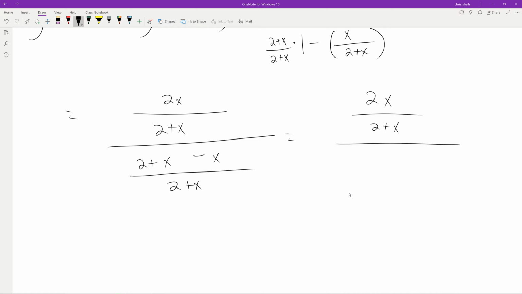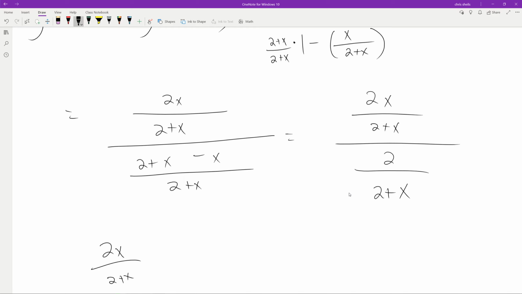Now 2 plus x minus x, this is 2, over 2 plus x. Once again, whenever I divide by a fraction, I multiply by the reciprocal of that fraction. So this is 2x over 2 plus x.